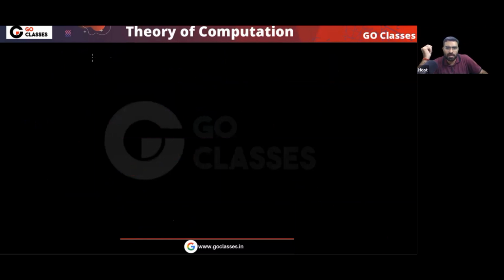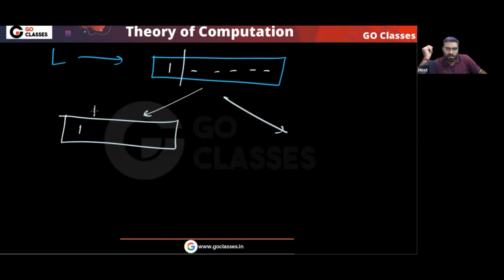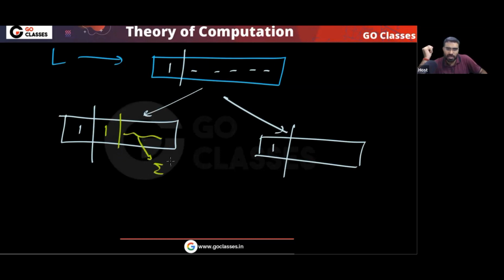So remember, in our language we have this type of strings. You can say that the first position is 1. If the second position is also 1, then you can put anything. So I can say 1 1 sigma star.